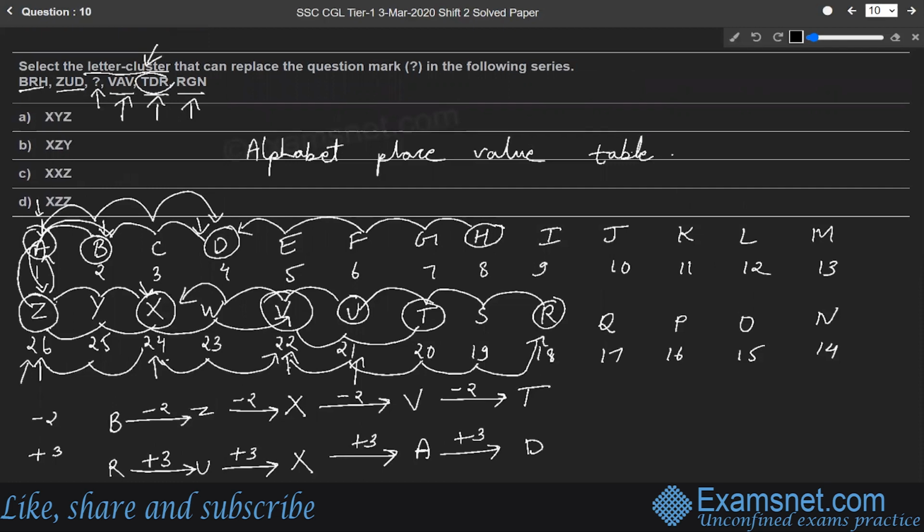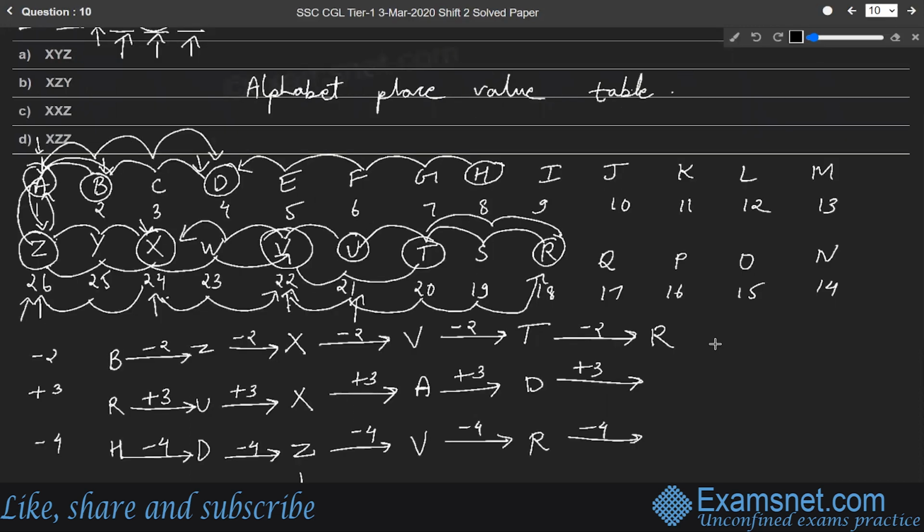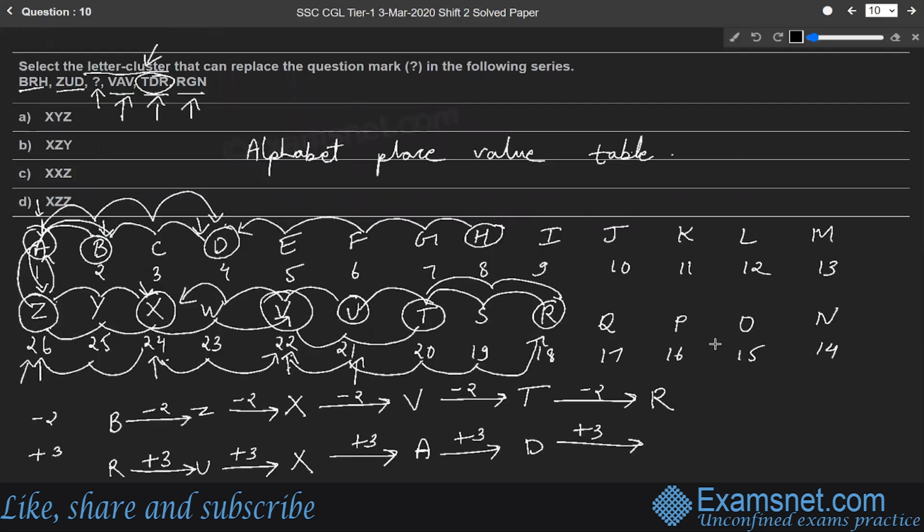You can see that next is TDR. Now let us check it for the last letter cluster. Again applying the same concept, that is minus 2, plus 3 and minus 4. T minus 2. T is on the 20th position. T minus 2 will be 1 and 2, R. Next is D plus 3. D is on the 4th position. So D plus 3 means we have to go in the forward direction, right?